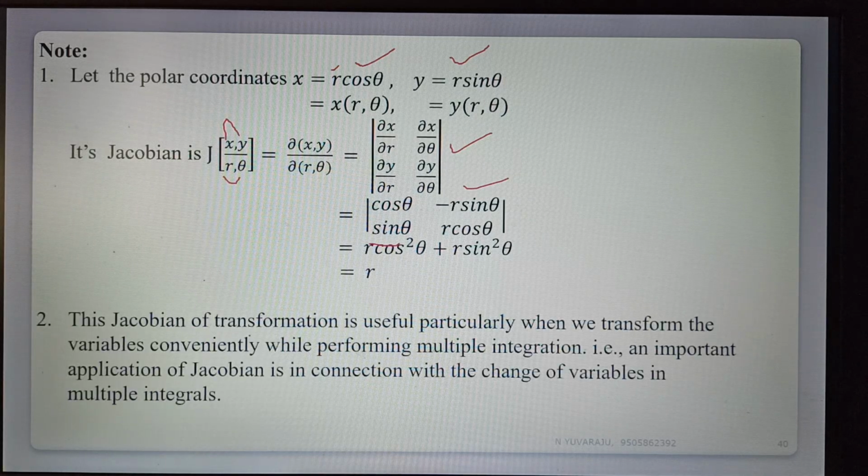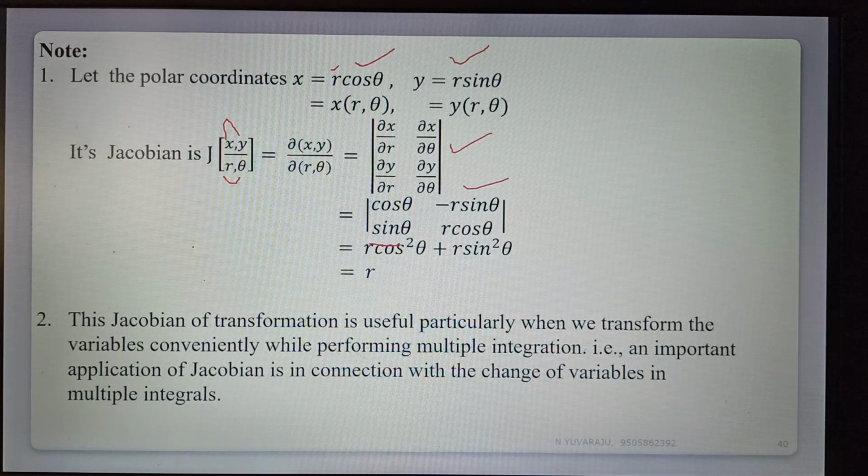And where is the Jacobian of transformation used? It is useful particularly when we transform the variables conveniently while performing multiple integration. An important application of Jacobian is in connection with the change of variables in multiple integrals.